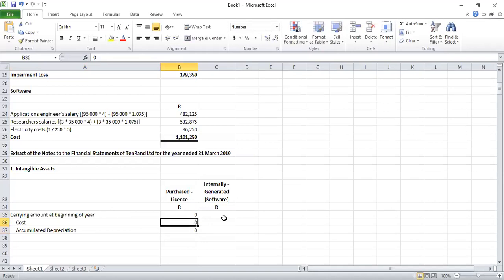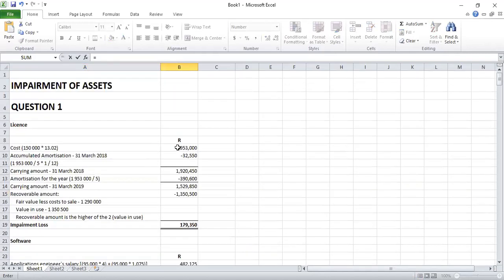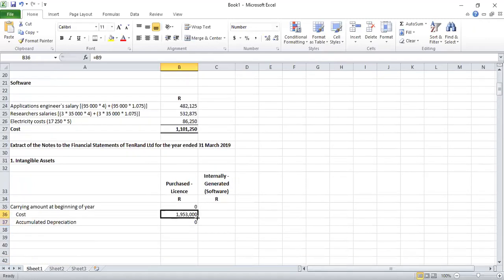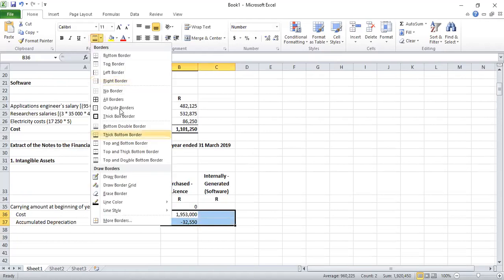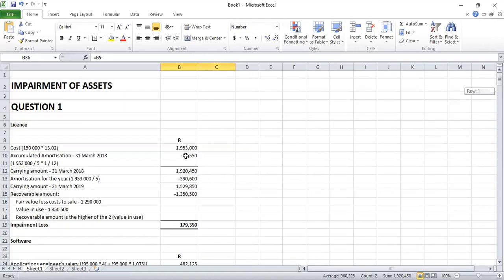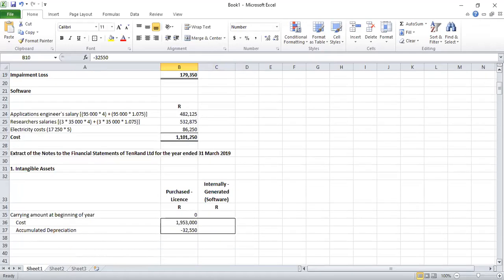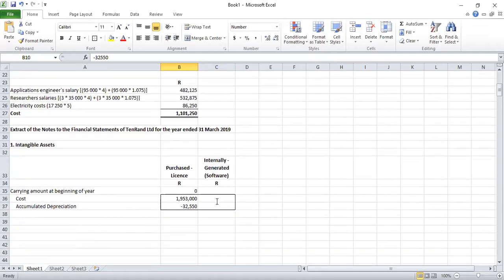So the cost was this one here, 1953. Then the accumulated depreciation was 32. Right. Then the one which was developed, they developed it in the current year. So this was 0, 0.